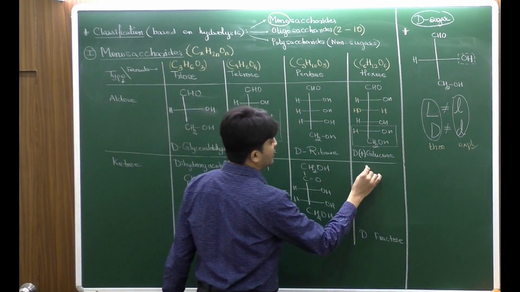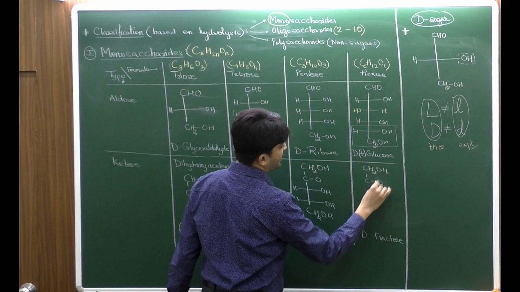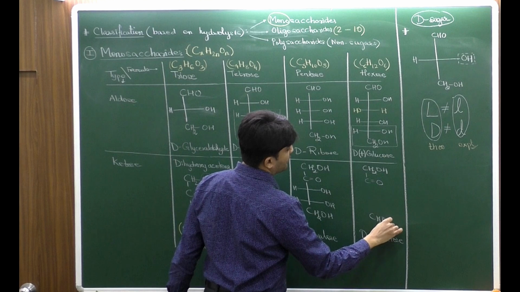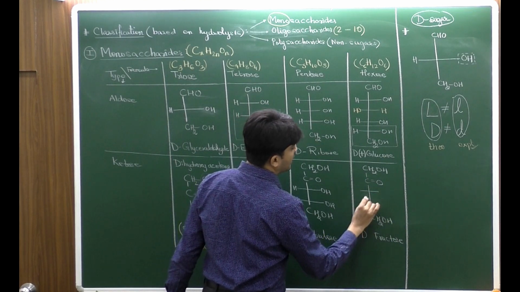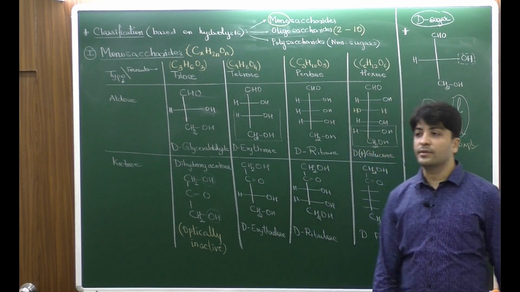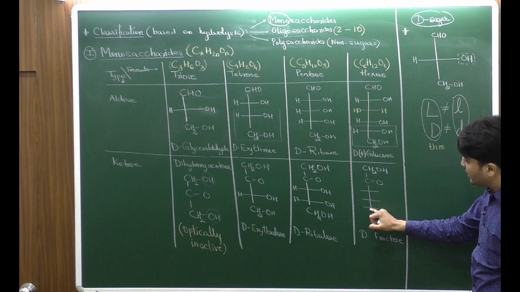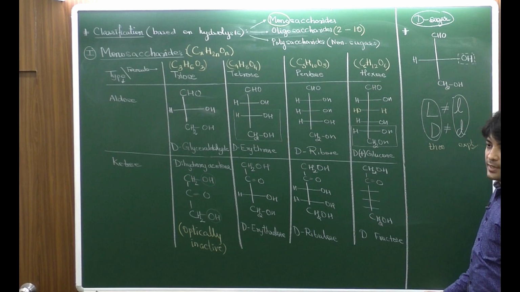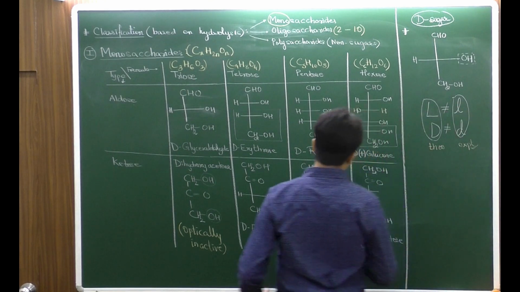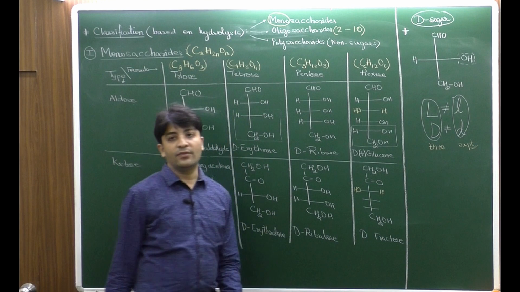And the fructose now would have CH2OH at the top, C double bond O second, CH2OH at the bottom, and the remaining 3 carbons. Now again, how many optical isomers do we have here? 8. 2 raised to 3 chiral carbons will give you 8 optical isomers, out of which one of them is fructose, which has the arrangement of once again the third carbon with OH on the left.